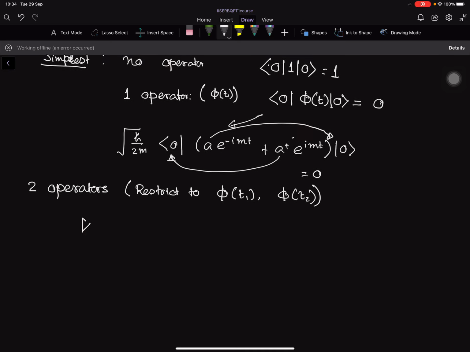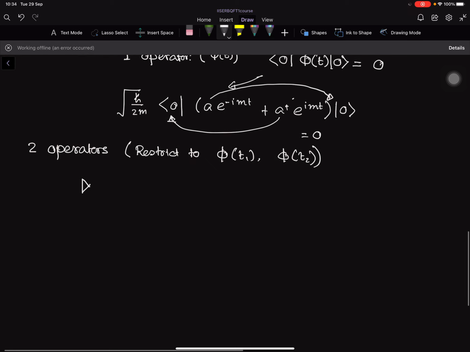So we are interested in computing phi_I(t1) phi_I(t2) in the vacuum.